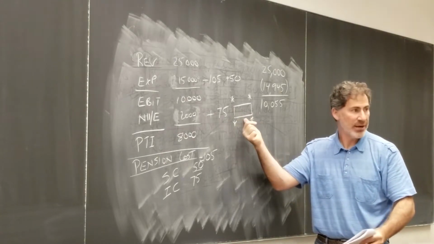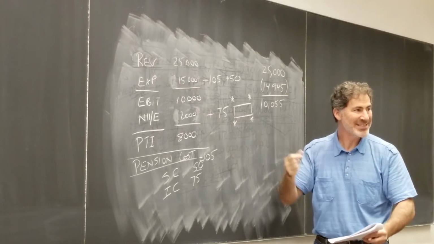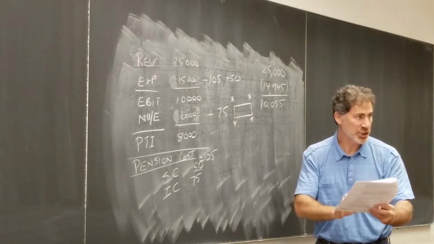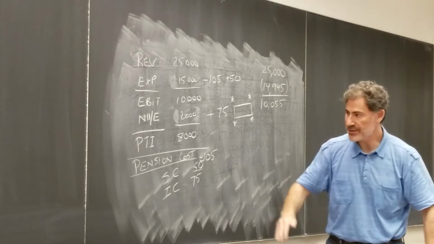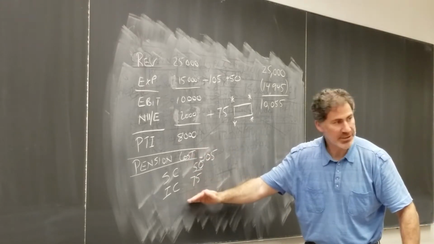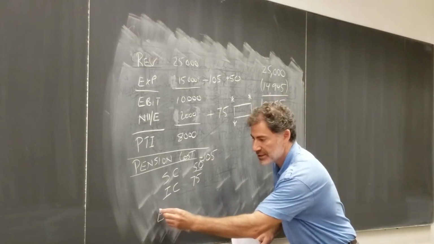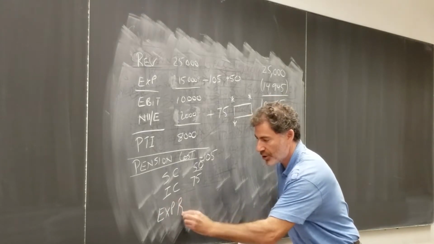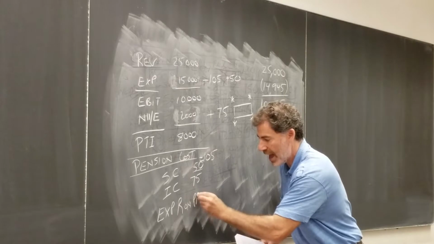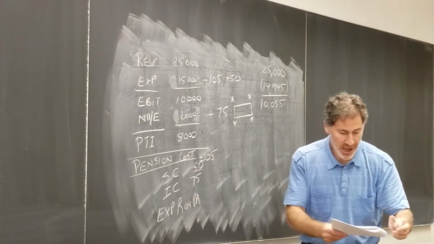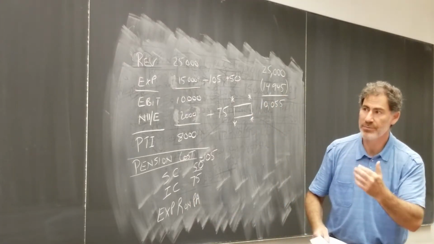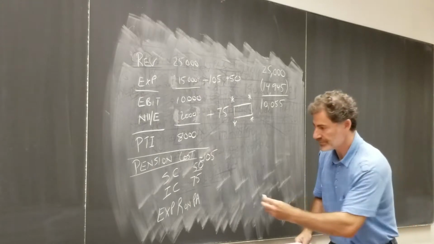The other item that needs to go in here is a figure for the actual return on plan assets. In the pension cost here, they were referring to the expected return on the plan assets, which they had given us as $20.